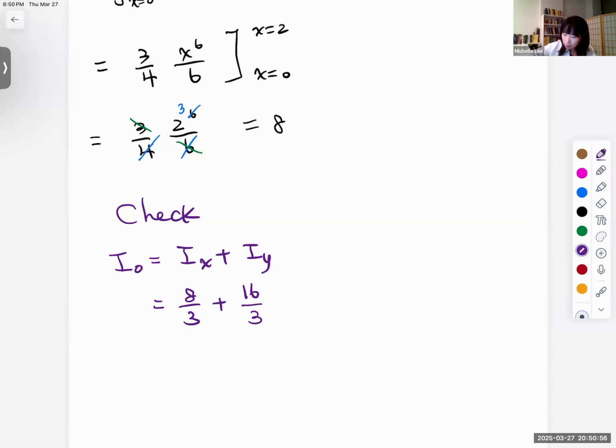So it's 24 over 3, which is 8. Okay, so we got that.